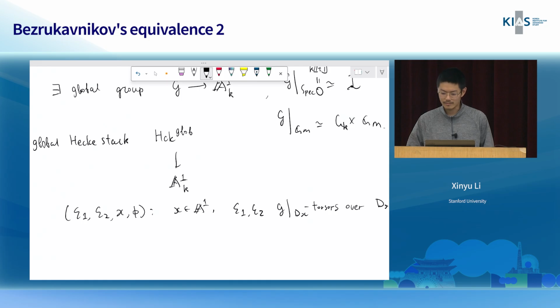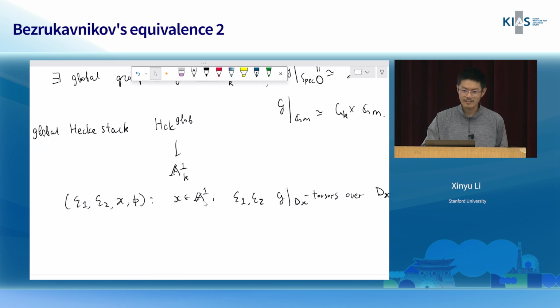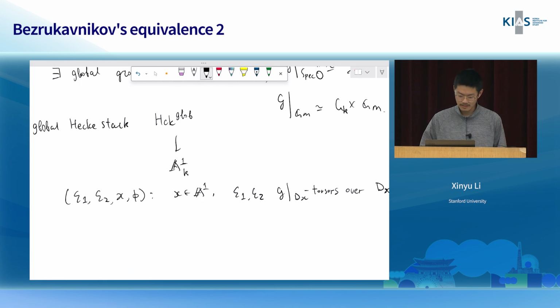Well, what I'm describing here is really just the K-points of this moduli problem, but you can easily modify it to be functorial. And this phi is an isomorphism of these two G-torsors on the punctured disk around x.